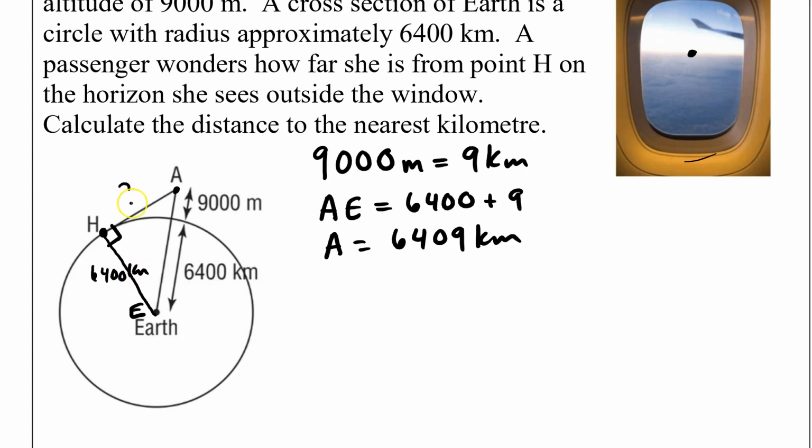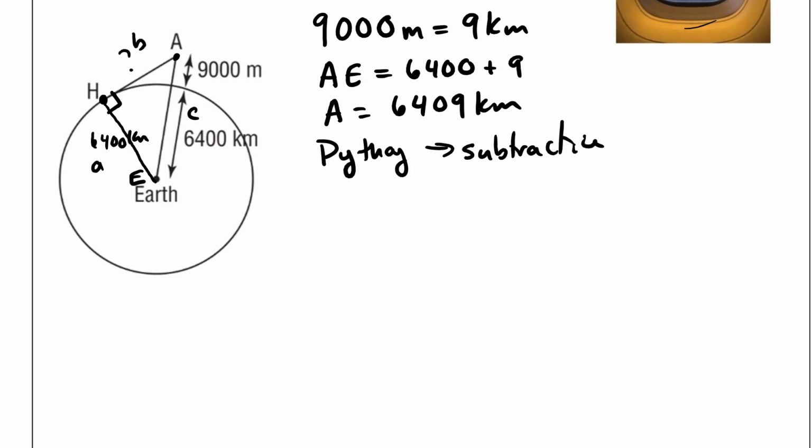So what we want to do is solve for AH. We have the hypotenuse, so we're going to use subtraction. So we're using the Pythag, and we're going to use subtraction. I'm going to call this my C, I'm going to call this my B, and I'm going to call this my A. Okay, so we're going to say B squared equals C squared minus A squared.